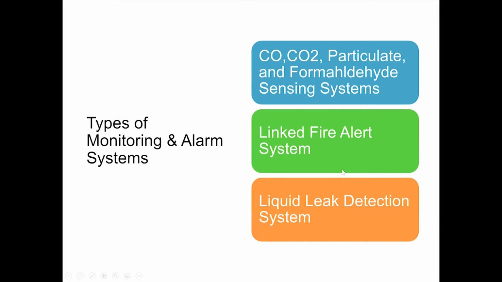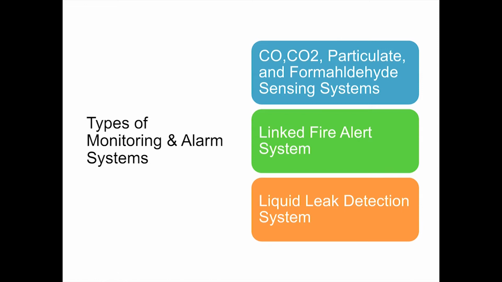So, which types of monitoring and alarm systems are we going to be talking about today? The first one is going to be actually our linked fire alert system, which is a monitoring and evacuation route control system with a bunch of different linked zones, where each zone has an indicator as to where fire is in the building, so that you can plan your evacuation route around it.